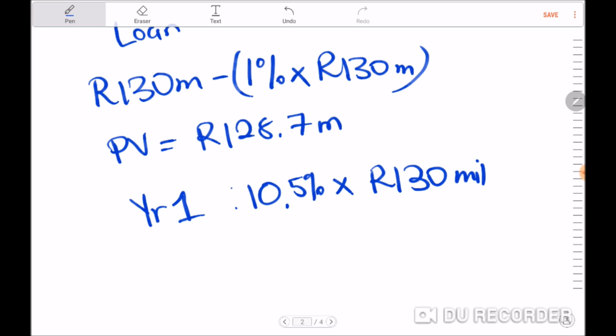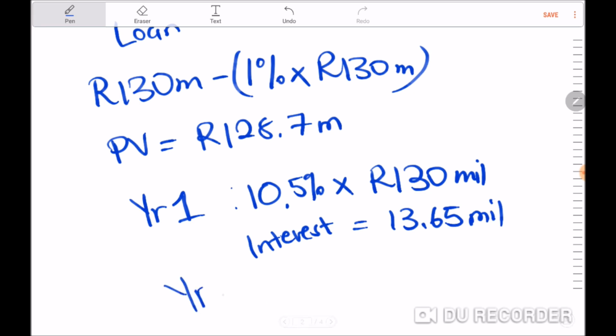If you calculate 10.5% of 130 million, you get an interest payment of 13.65 million. I hope we are together as you are multiplying. So this is the interest from year 1.